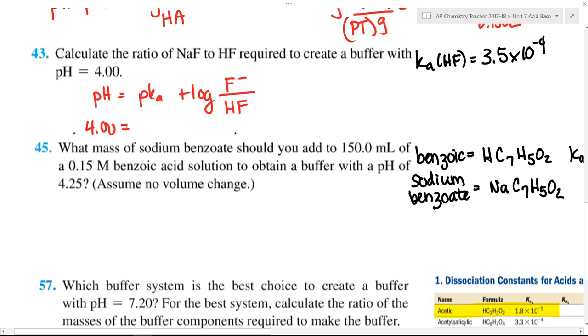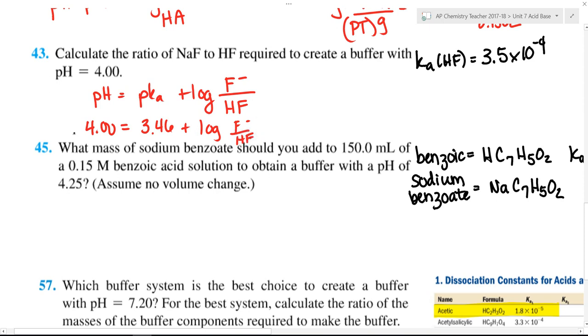The pKa is the negative log of this number right there, 3.5 times 10 to the negative 4. So I'm actually going to plug that in my calculator real quick. 3.5 e negative 4. So it looks like the pKa is 3.46 plus log F minus over HF.